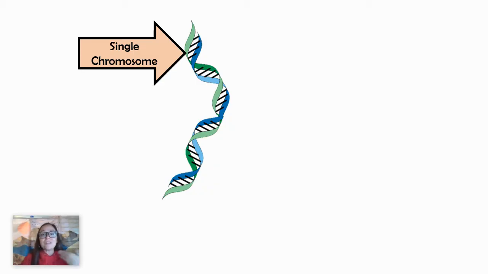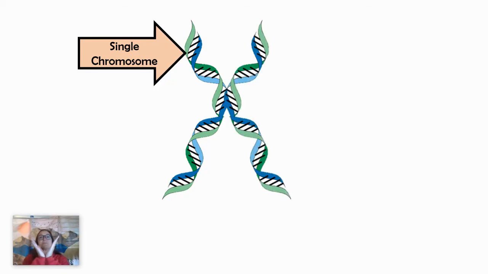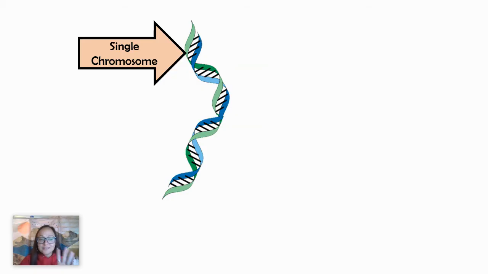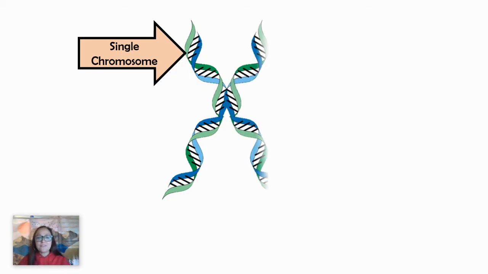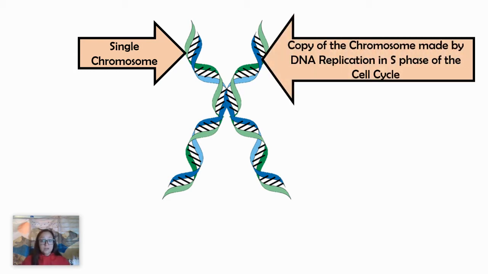And when we replicate or duplicate our DNA, we keep them attached. So this is one single chromosome here, but when we make a copy of it during S phase and it's still attached, this is still considered to be a single chromosome. However, it's called a duplicated chromosome. So here, this is one duplicated chromosome made during S phase.